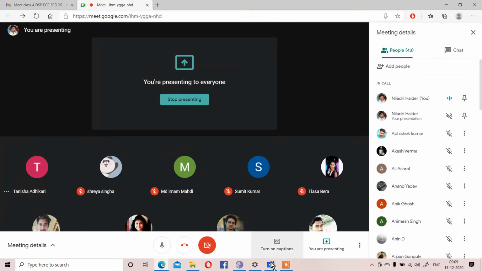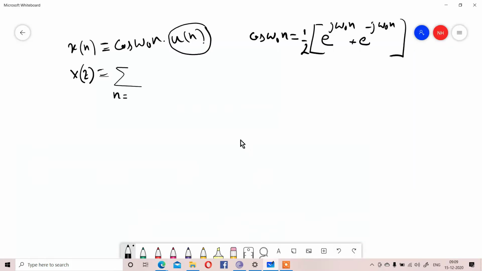Due to u[n], minus infinity to minus 1 will be cancelled out, as all the values will be 0 for that range. So n will be varying from 0 to infinity, and it will be half of e to the power jω₀n plus e to the power minus jω₀n.